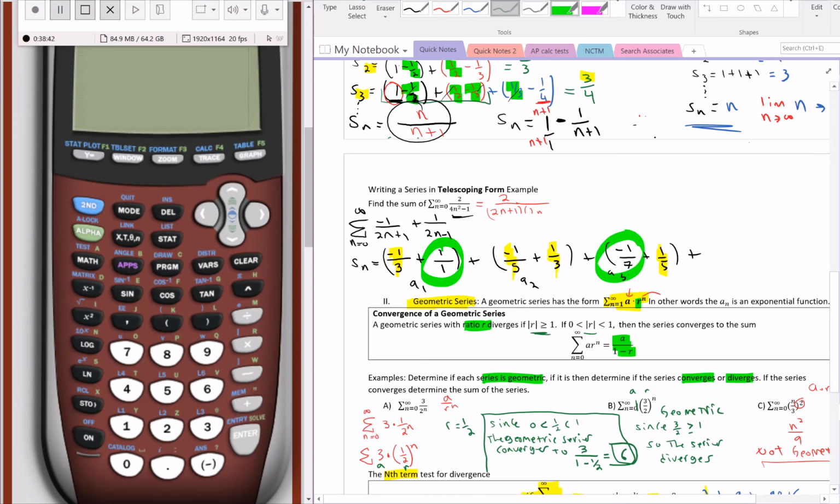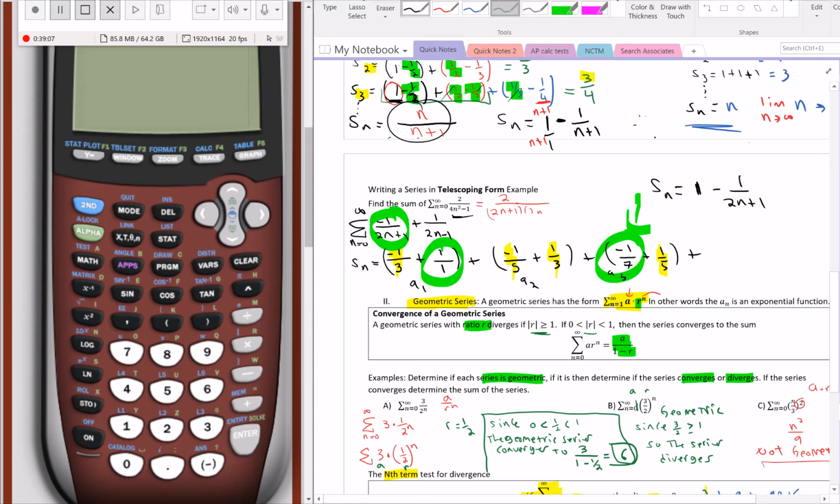So the 1 is there, and you have to think like, well, what gave me negative 1/7? Well, it was this one, right? So the very last term is that one. So basically what a formula for the nth partial sum would be is that 1, and then this guy, so minus 1 over 2n plus 1. And this is the formula for the nth partial sum.